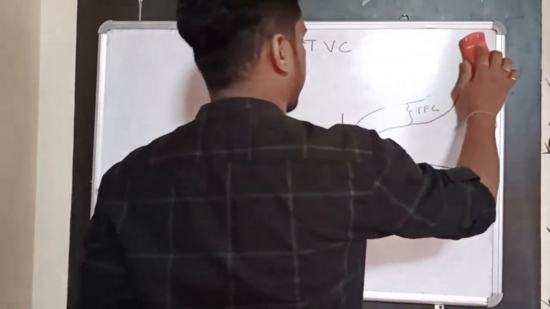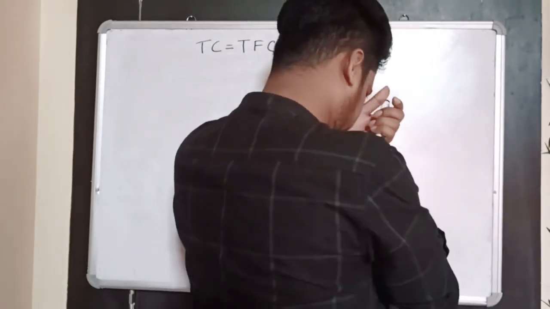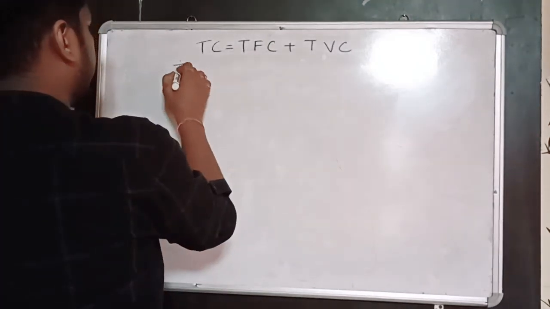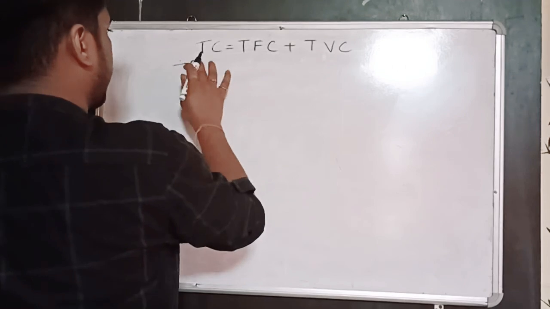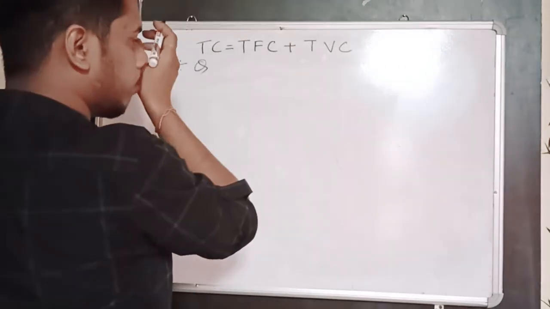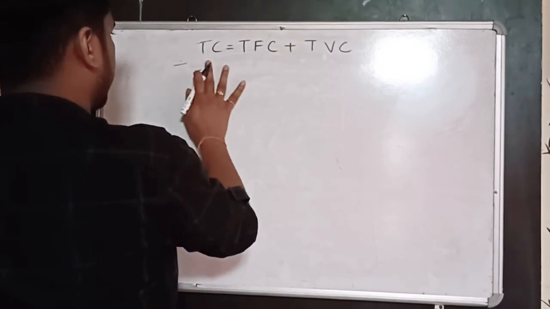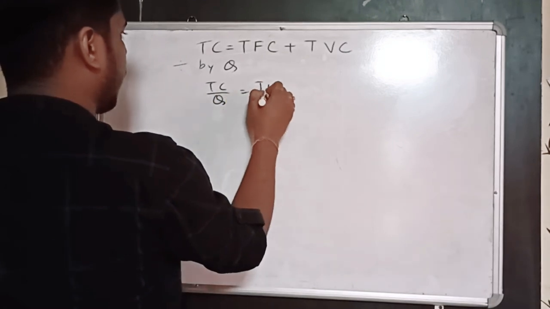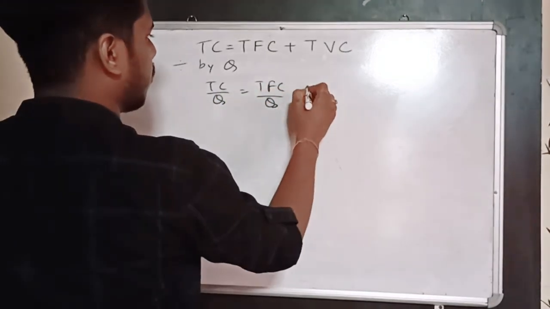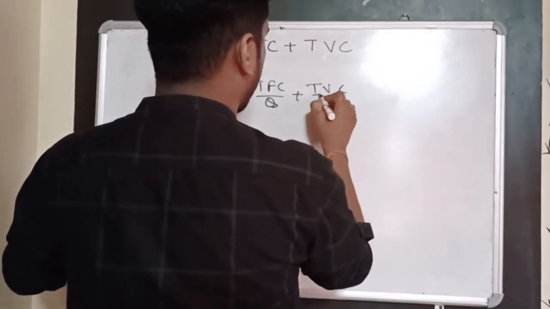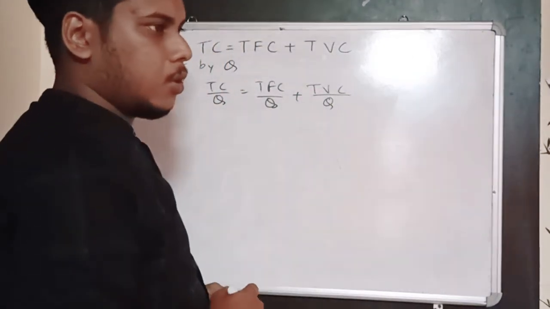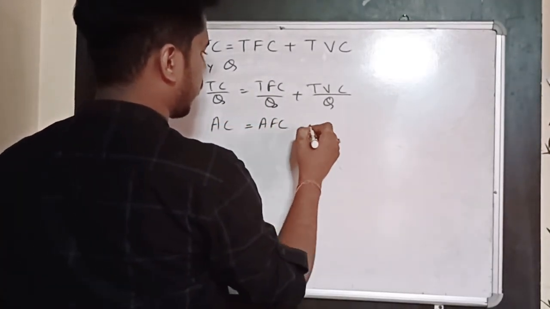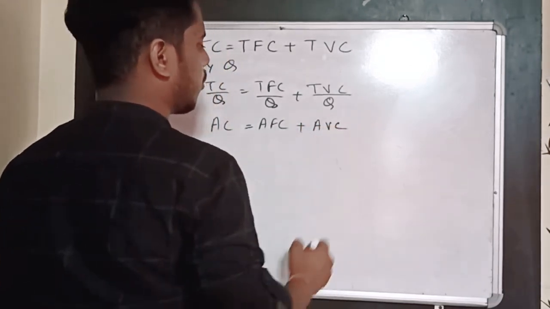Now we will move to the average cost curve. For determining the average, we have to divide the above equation by Q. So TC by Q, TFC by Q plus TVC by Q. So we will get average cost, average fixed cost, average variable cost.